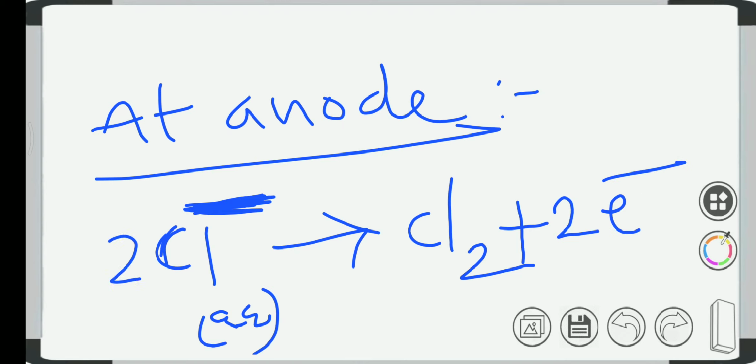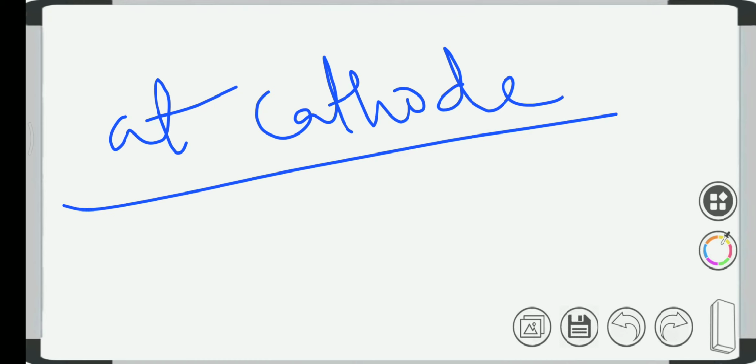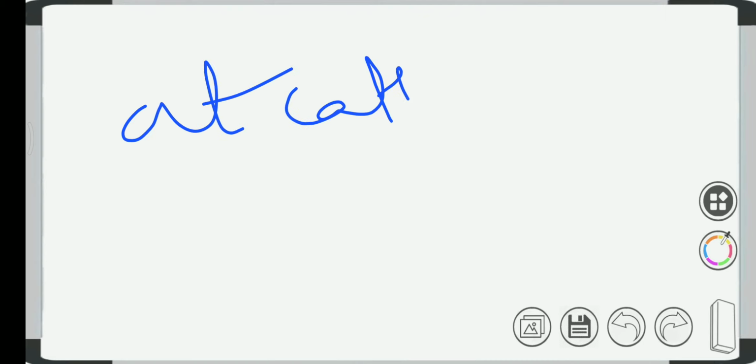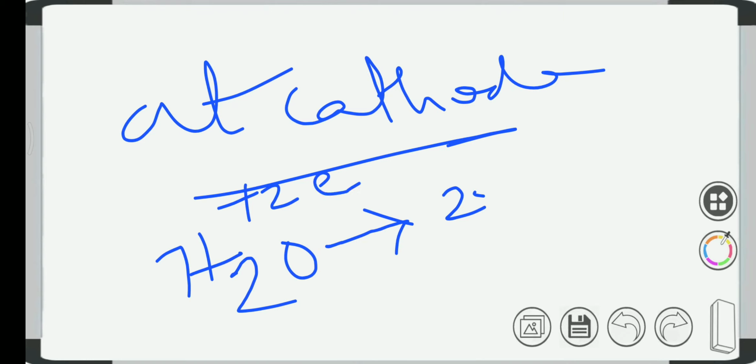This is at the anode. At the cathode, we have water, which gives H2 and OH minus: 2H2O plus 2 electrons gives H2 plus 2OH minus at the cathode. The overall reaction is 2 moles of sodium chloride reacting with 2 water to produce several products.